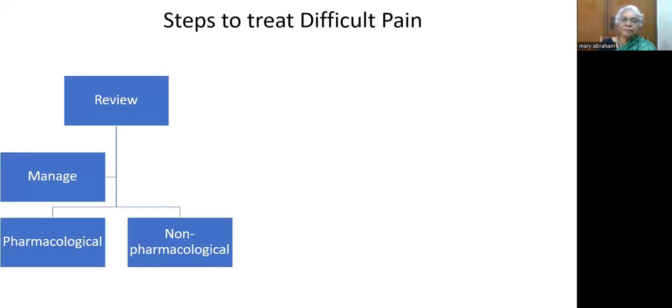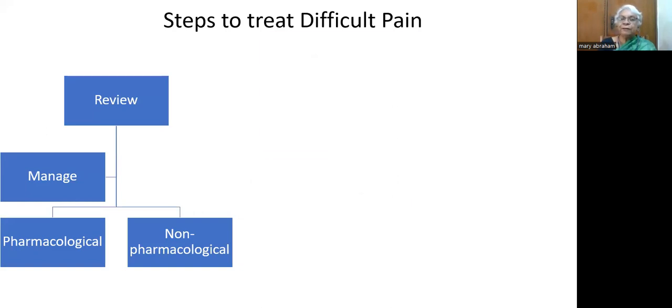So what are the steps to treat difficult pain? The first and foremost step is to review the whole case scenario and see what can be done for this patient. And after that, we need to manage the pain either by pharmacological methods or by non-pharmacological therapy. So this is a broad outline of how to treat difficult pain.